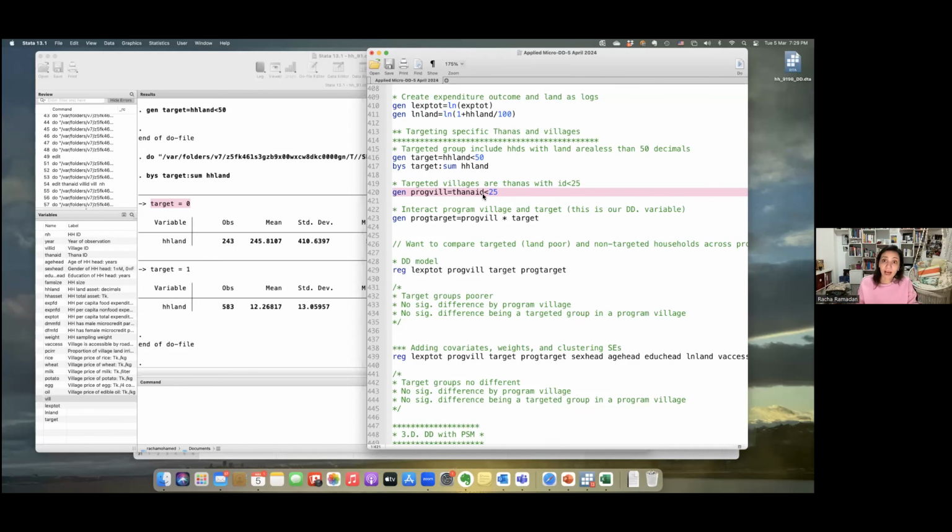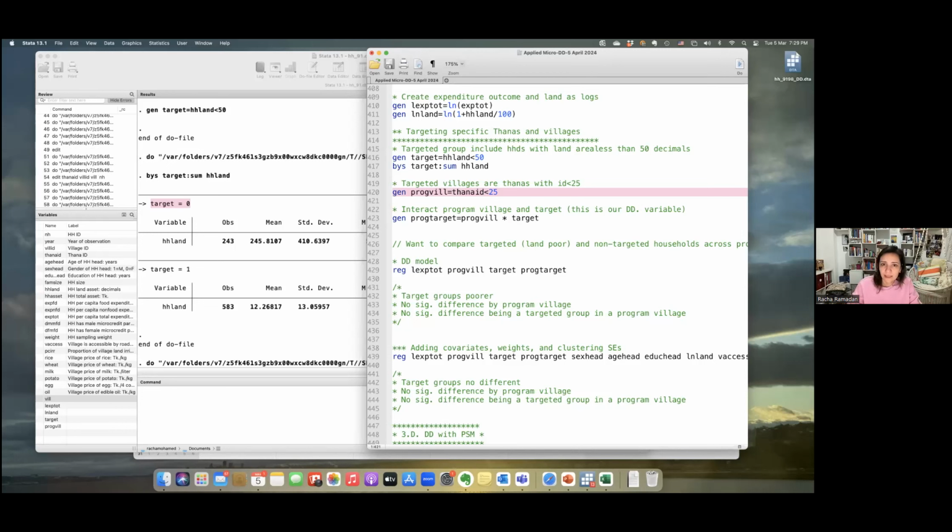This means that if you have cross-sectional data and you want to use diff-in-diff, you need to know what are the geographical areas where the program was targeted and the households were targeted, and where are the governorates or the geographical areas where there was no program, to be able to distinguish between what we call program village or geographical area 1 as year 1 and geographical area 0 as year 0.